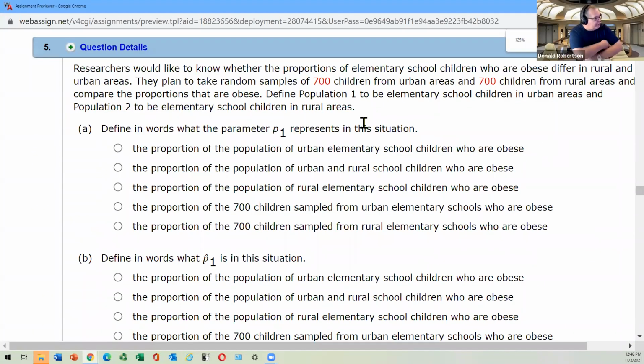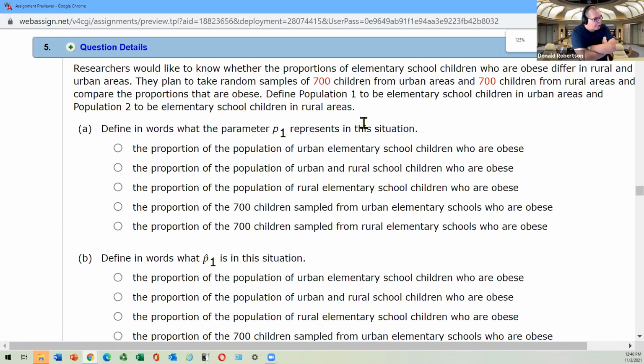Okay, researchers would like to know whether the proportion of elementary school children who are obese differ in rural compared to urban areas. So they get 700 kids from the urban area and 700 kids from the rural areas. And they compared the proportion who are obese.